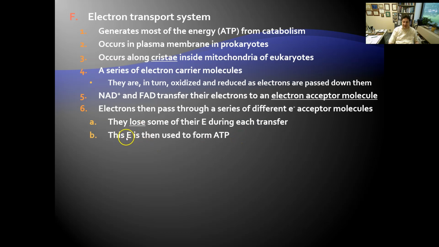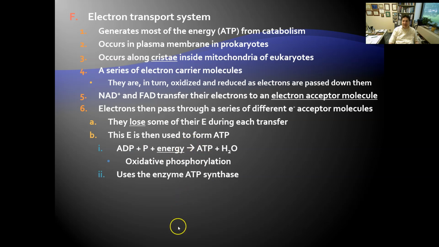Remember, they lose some of their energy during each transfer. This lost energy can then be used to form ATP in the reaction we saw earlier, oxidative phosphorylation. The enzyme that catalyzes this reaction is called ATP synthase. Notice the ASE on the end. Now remember, we're bouncing electrons from acceptor molecule to acceptor molecule all the way down that electron transport system.